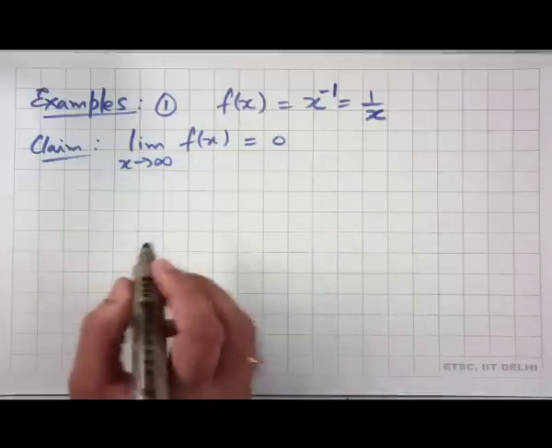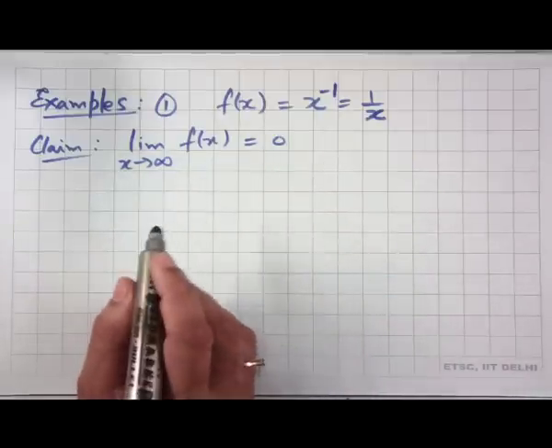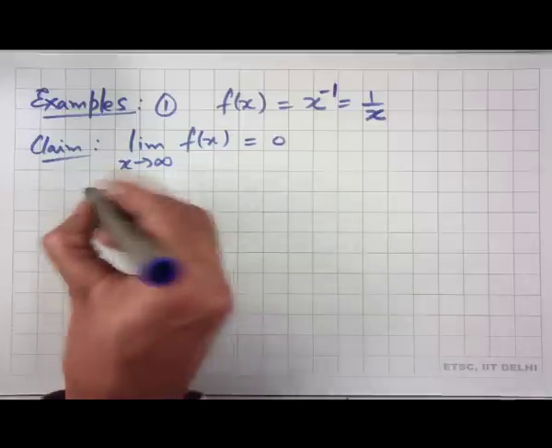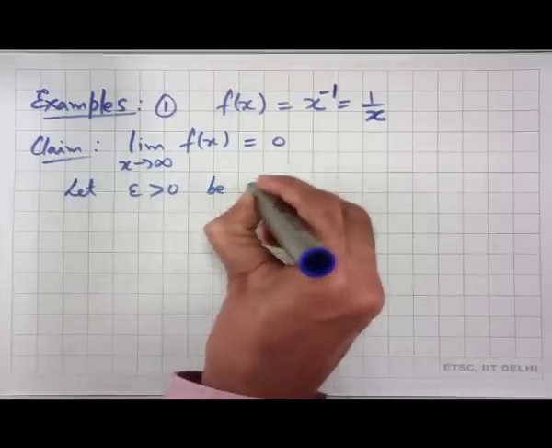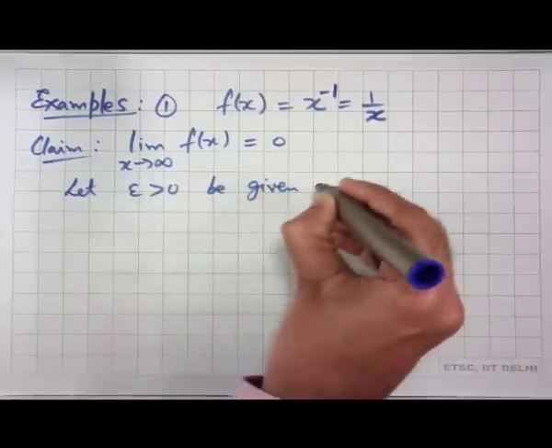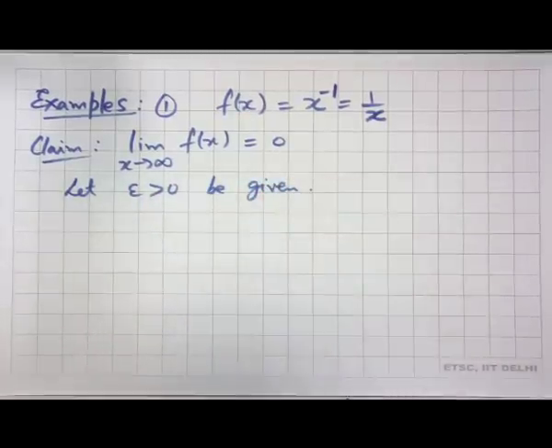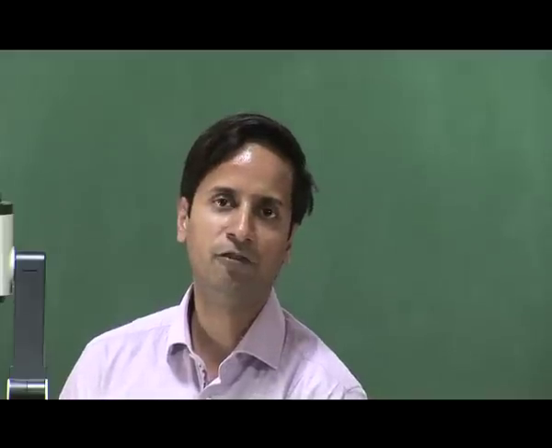So, to prove this, what we have to show is that given any epsilon, so let epsilon bigger than 0 be given, then we have to find a k such that if x is bigger than k, then f(x) is less than epsilon.